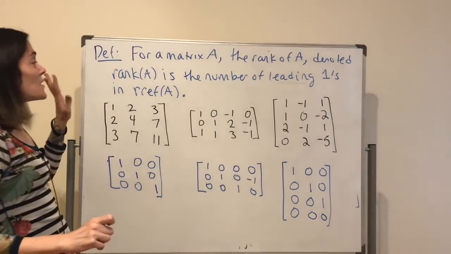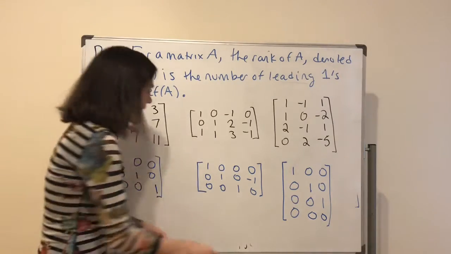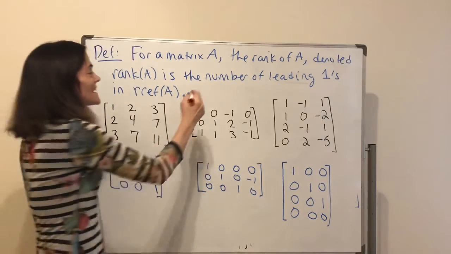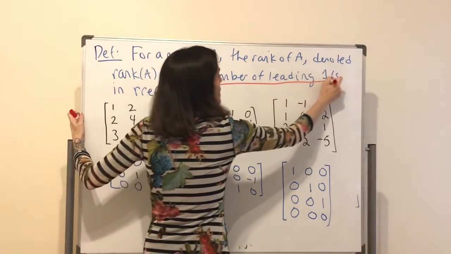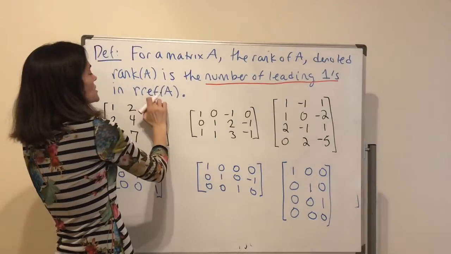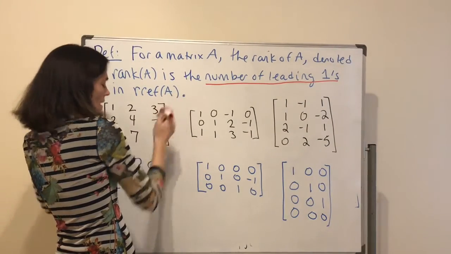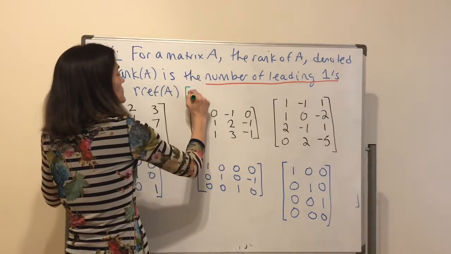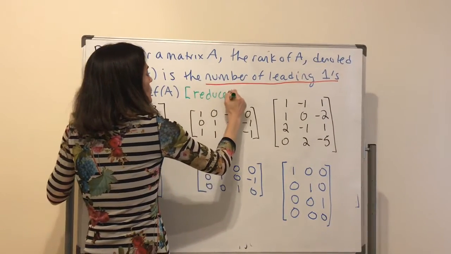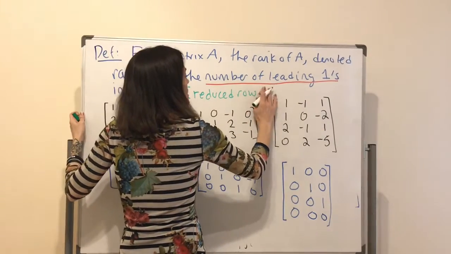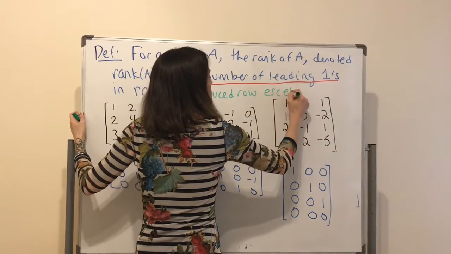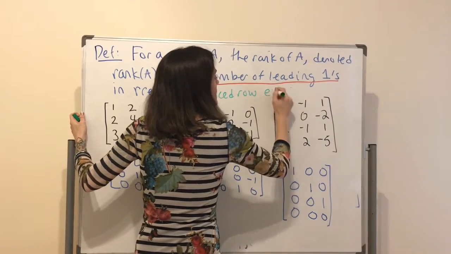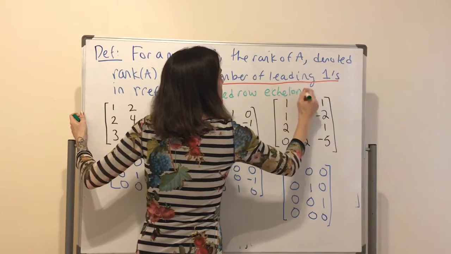The rank of a matrix A, and this is its notation, rank A, is the number of leading ones in the reduced row echelon form of A. So that's what this symbol is. Maybe I'll put that in a bracket. This is the reduced row echelon form of A.